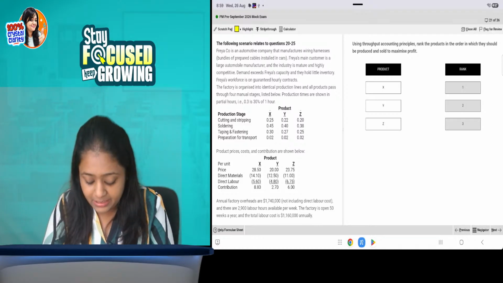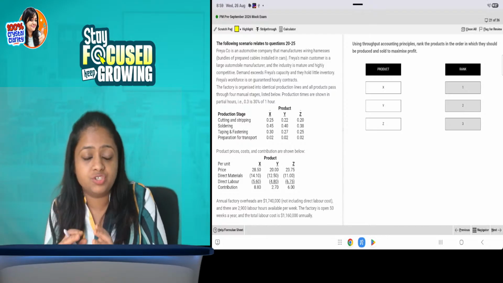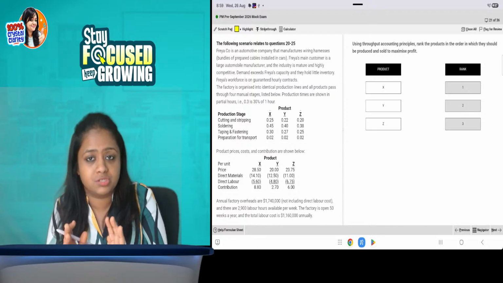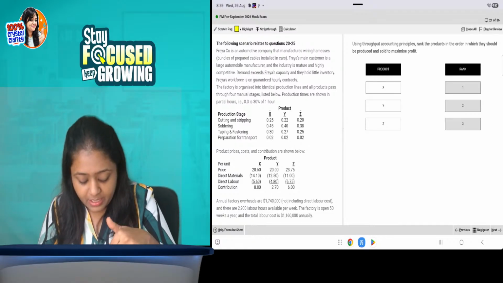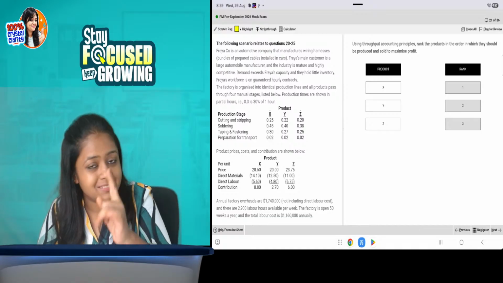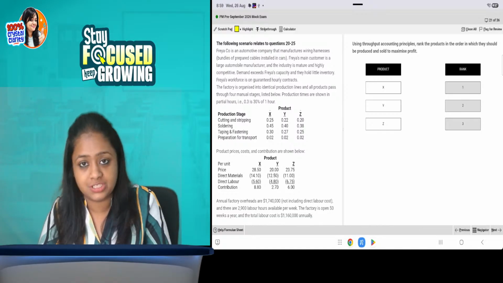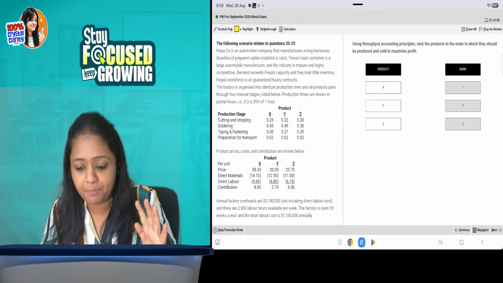I am calculating it on the concept that these are requiring partial hours, so I'm just checking which product is requiring the most hours. So here, the production stage soldering is requiring the most hours. So it is my scarce resource, the one which is my bottleneck here. Okay, a simple way to find out.